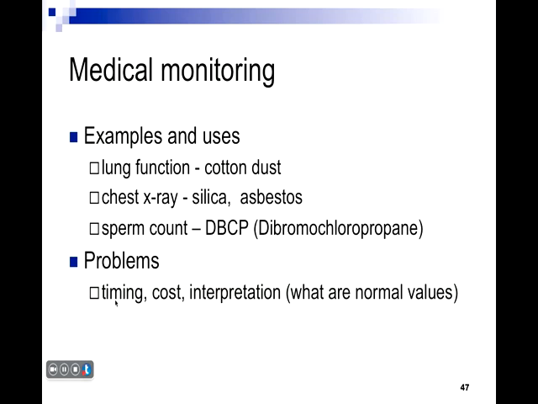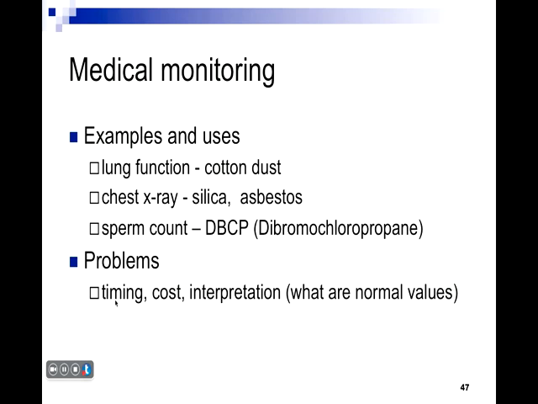It's another medical monitoring, for sperm count. And this was kind of a famous medical monitoring problem in that years ago, people working in a pesticide plant, many of the workers were trying to start families and were unable to, and many of the wives of husbands working in the plant started talking to each other, and they were finding out that many who wanted to start a family weren't able to.